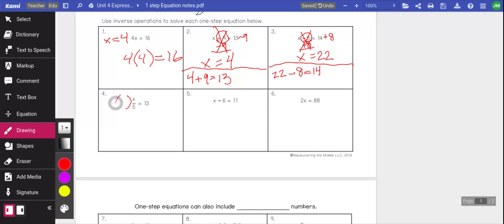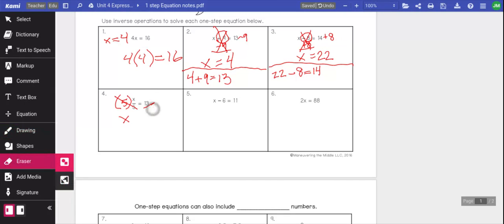For the division portion of it, the inverse of division is multiplication. So I am going to multiply, and the goal is to isolate the variable. So I actually want to multiply by the 5. Then I'm going to get rid of that because I'm actually going to divide 5 by 5, so all I'm left with is the x. I have to do the same thing over here, so I would divide 13 by 5, or sorry, not divide, multiply.